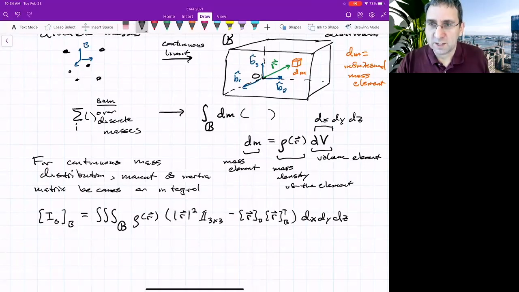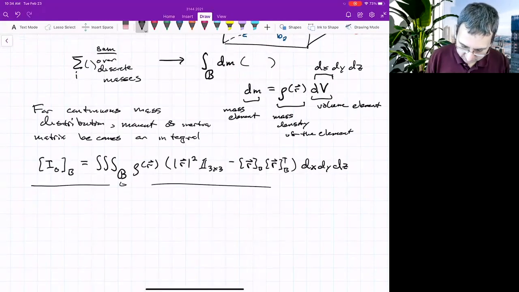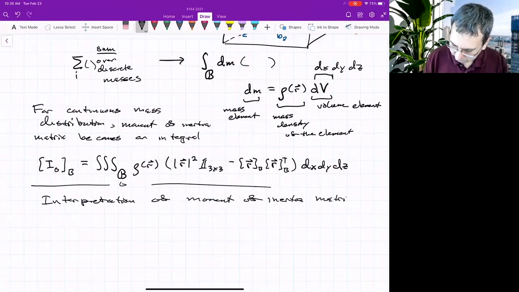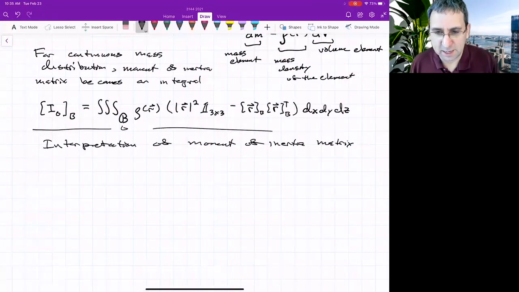We could even talk about what the moment of inertia about a particular axis means. We could think of it as representing how difficult it is to rotate something about that axis. So this is the interpretation of the moment of inertia matrix. In previous dynamics classes, you probably just did rotation. We call it 2D rigid body dynamics. So the moment of inertia is just a scalar.